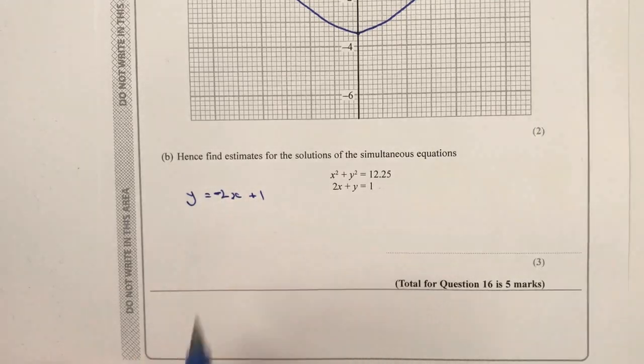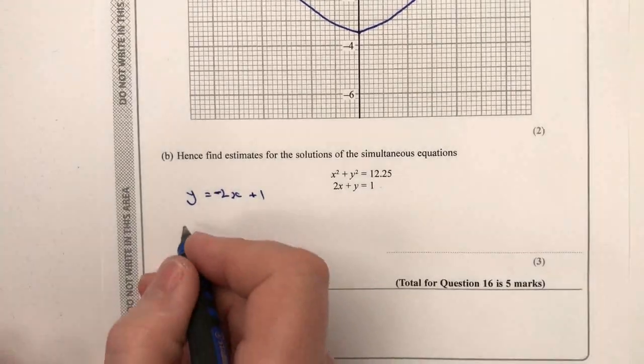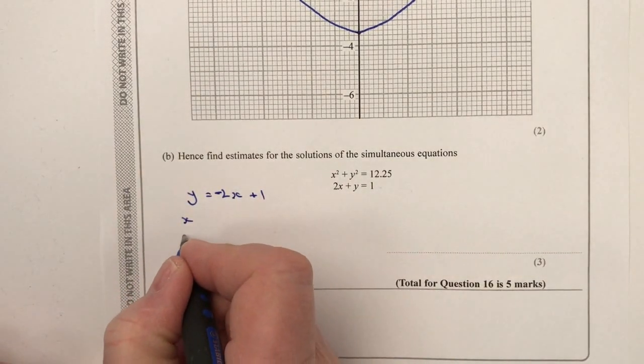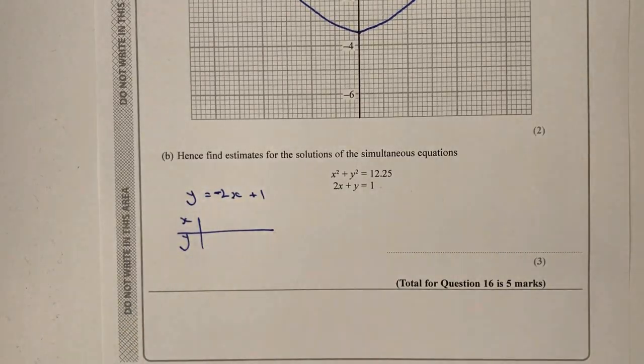So it's going to be a negative gradient, and then all I need to do is put that into a table with x and y values. I tend to only do maybe 2 or 3 points just to make sure I'm okay, and then because it's a straight line I can draw it relatively easily on a graph.